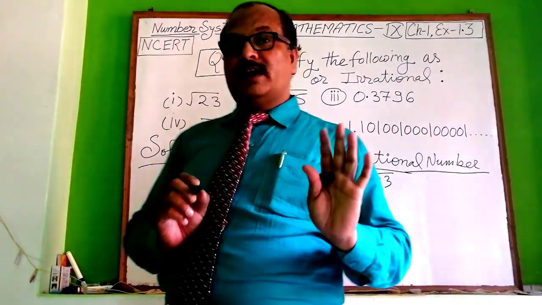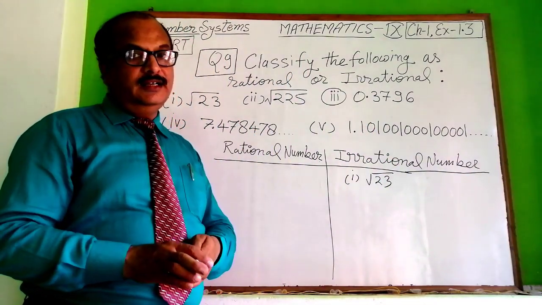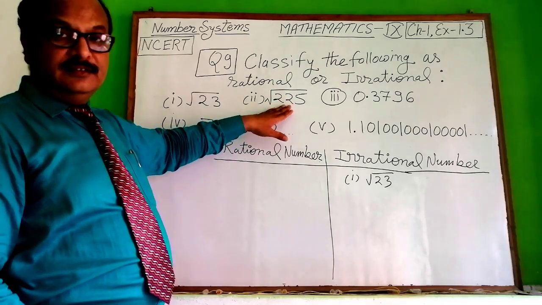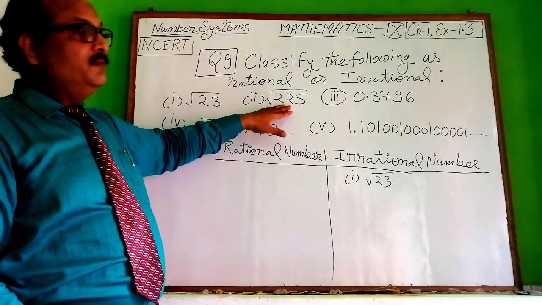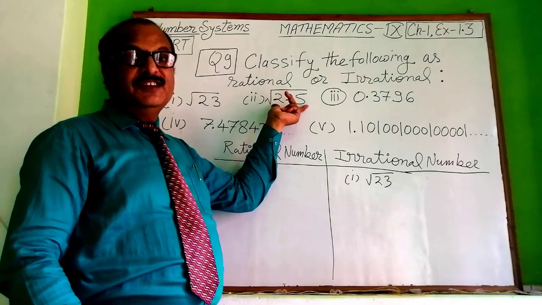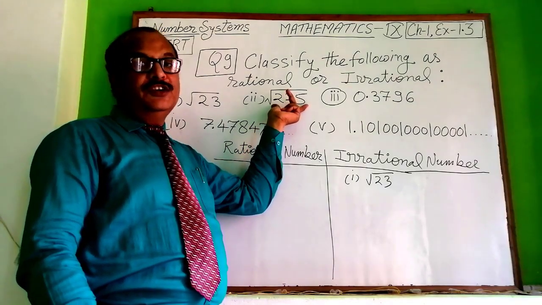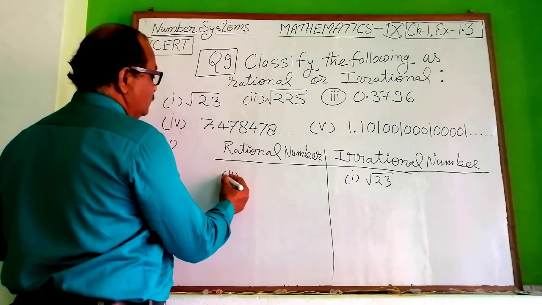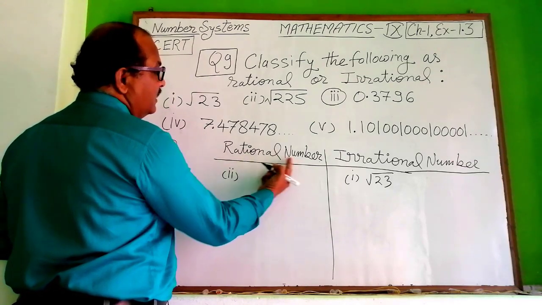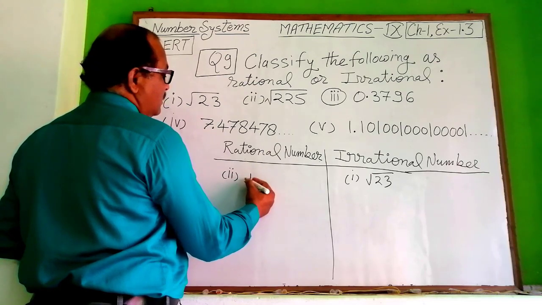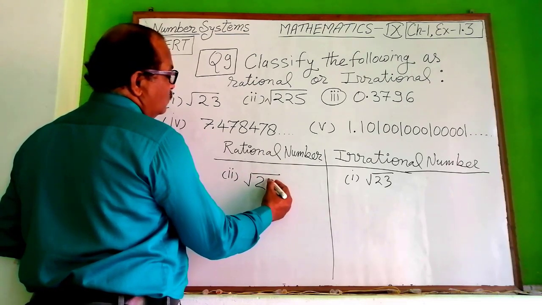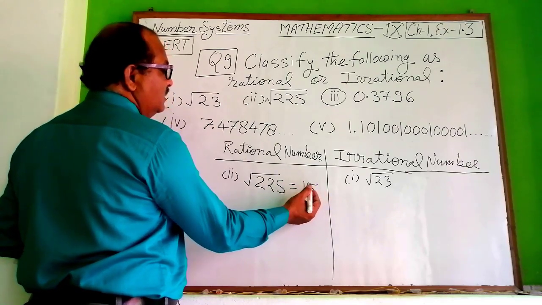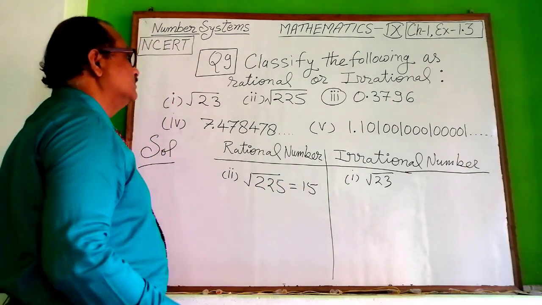You know the reason why. Here, if you find under root of 225, you will get 15, and 15 is a rational number. So the second one you will classify in the rational number category. You can write its value against it. That's why it is rational.